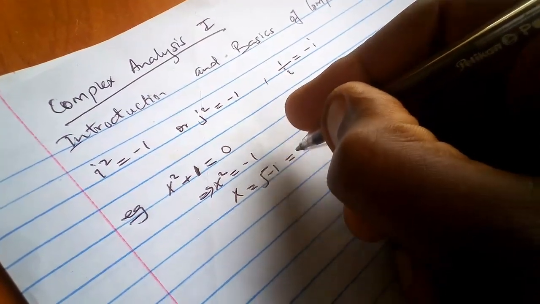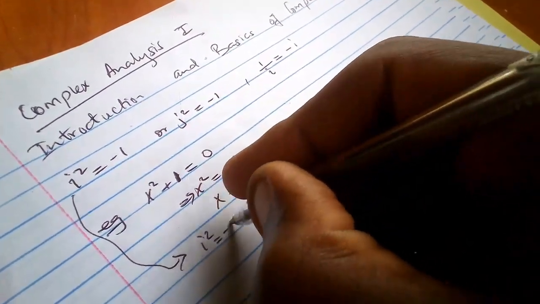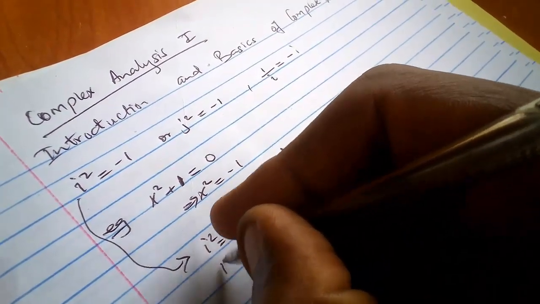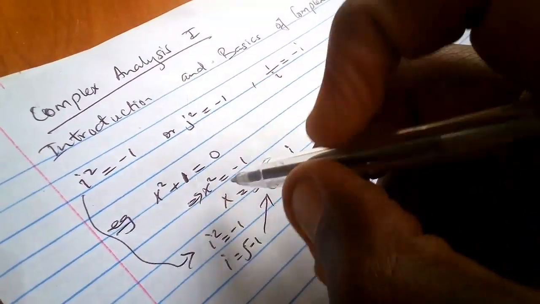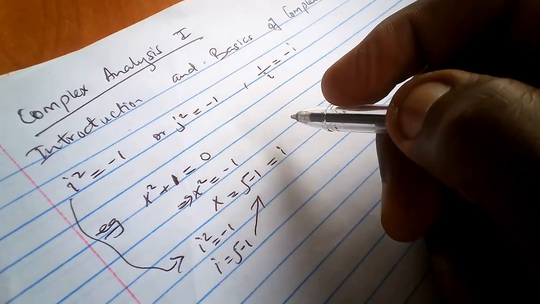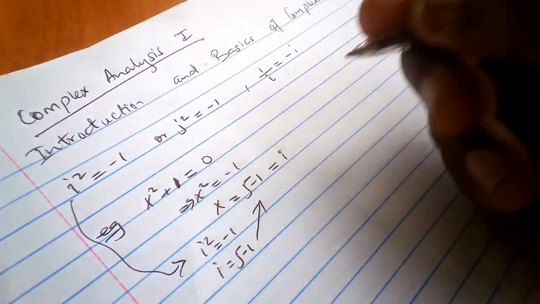So the square root of -1 is i, since i squared is equal to -1. So the value of x here is i, which is the imaginary part.